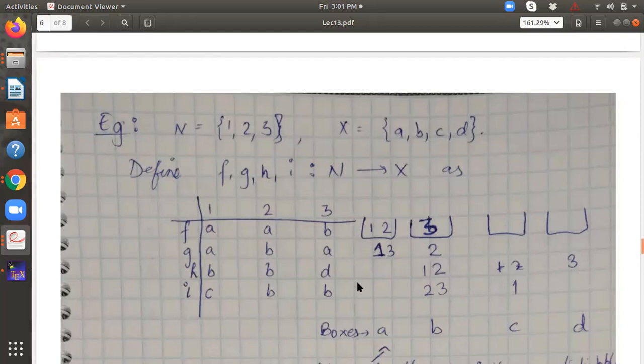So all of these 4 functions look different. What does it mean when I say look different? No two functions will have the same boxes having the same balls. Right?